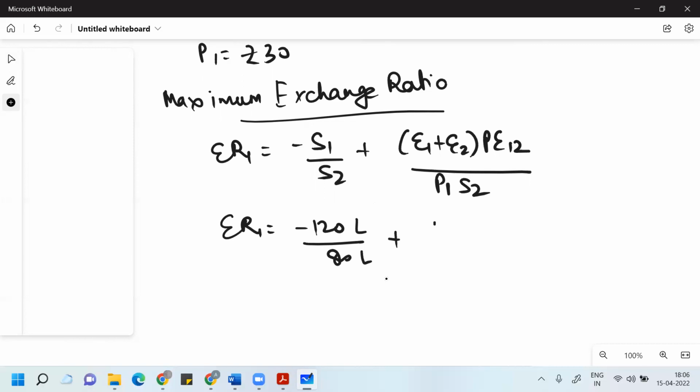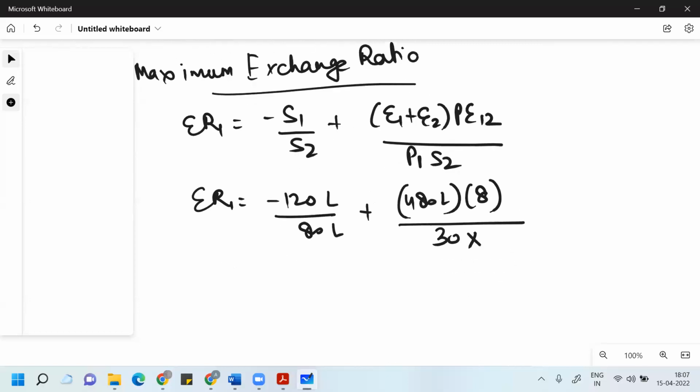Plus E1 plus E2, that is 480 lakh, times the PE ratio of the combined firm, 8, divided by P1, which is 30, and S2. So this is minus 3 by 2 plus 16 threes are 48, and then that cancels.